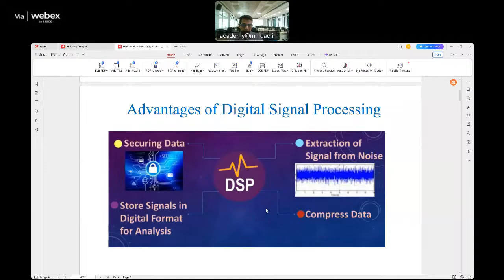Securing data, converting the signal to digital format for analysis, extraction of signal from noise, compressing data. So many things. See, the best example of the application of DSP is in communication. Whenever we are transmitting messages in 5G, 4G, we are basically transmitting digital signals only.